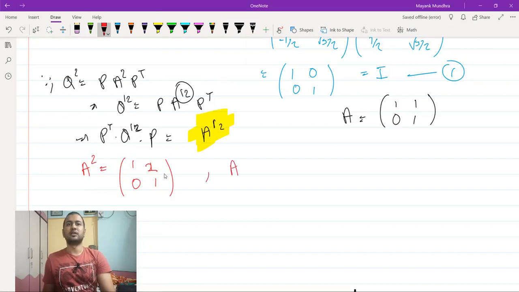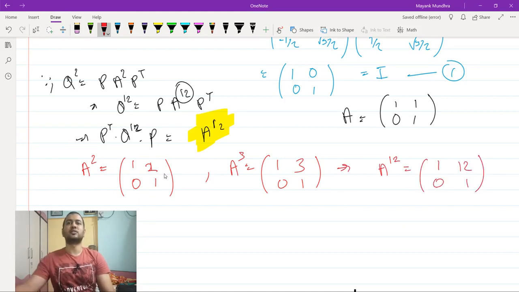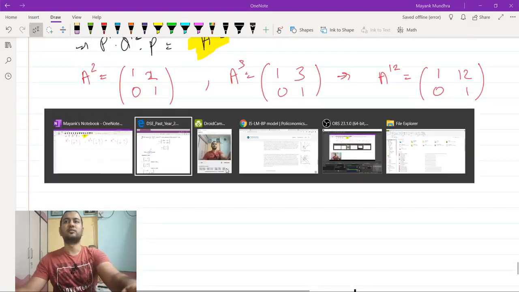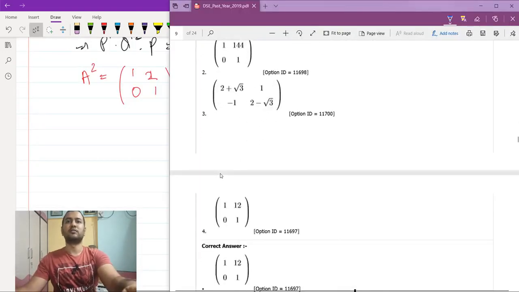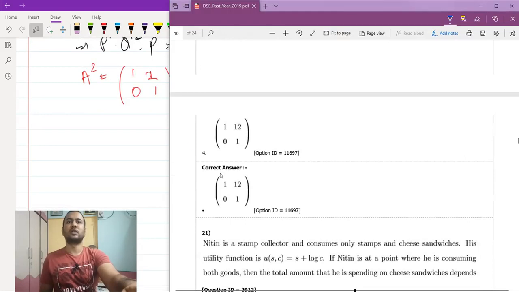Similarly A cube would be 1 3 0 1, and then through induction you can conclude that A to the power 12 would be 1 12 0 1. So that's your final answer. A to the power 12 is equal to 1 12 0 1. So that's your answer D.